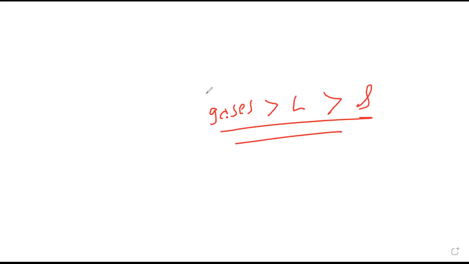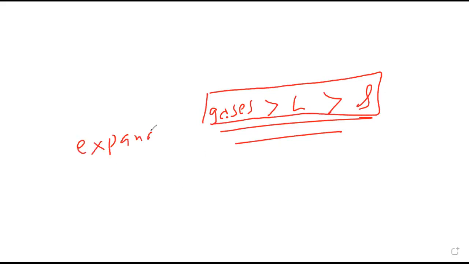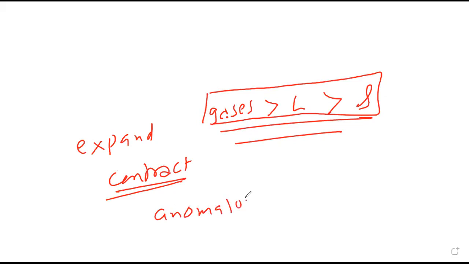But there are some substances with abnormal behavior. They don't expand on heating, but they contract under certain conditions. That behavior is called anomalous behavior of substances, meaning indirectly abnormal behavior. Generally, what will happen?